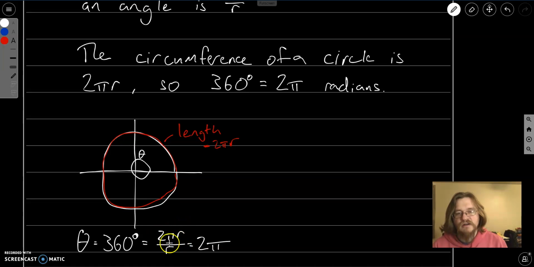2 pi r, what are the units here? Well, 2 doesn't have units, pi doesn't have units, r is a length. So its units may be something like feet, or meters, or something else that measures length. The bottom, r, is also going to be a length. The radius of a circle is a length. So it will also have units, and it's got the same units as the radius on top.